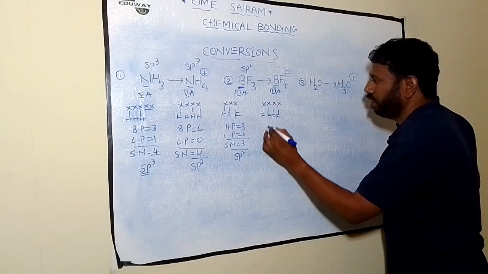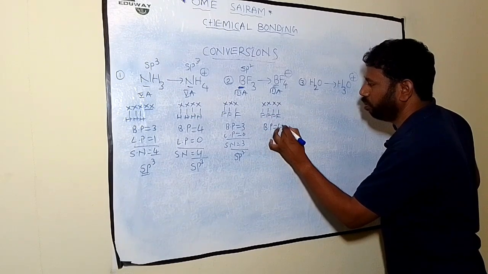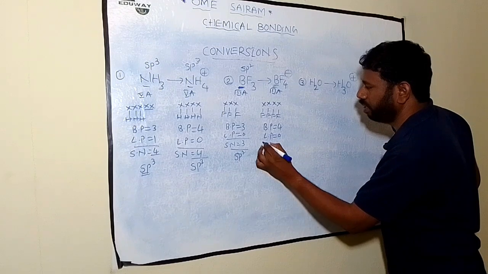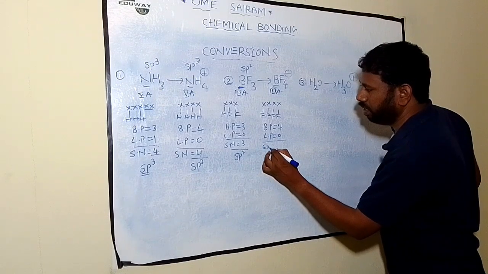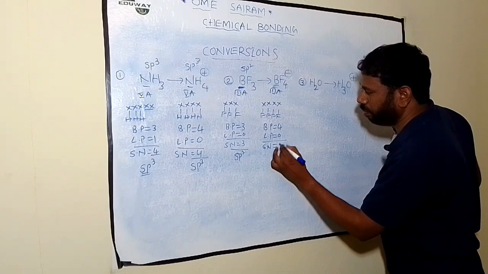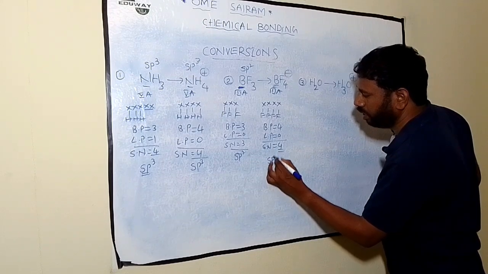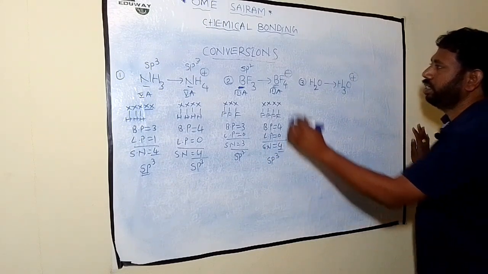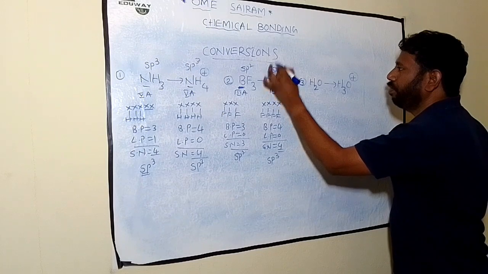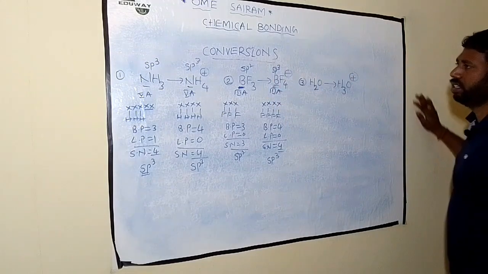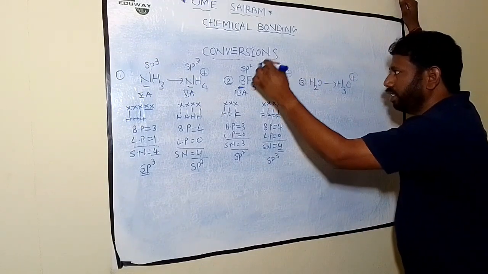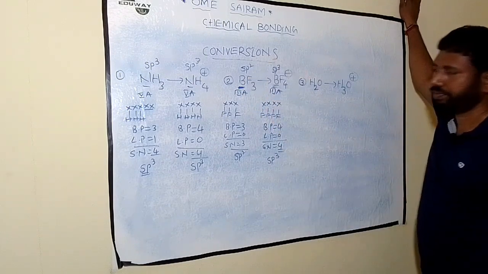Now bond pairs. How many bond pairs? 4 bond pairs. Lone pair 0. Steric number 4. Hybridization should be sp3. Here the hybridization of BF4 negative charge is sp3. In this conversion, hybridization changes from sp2 to sp3.